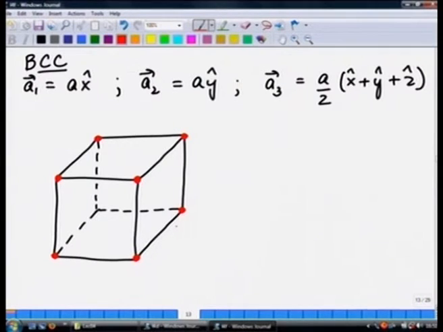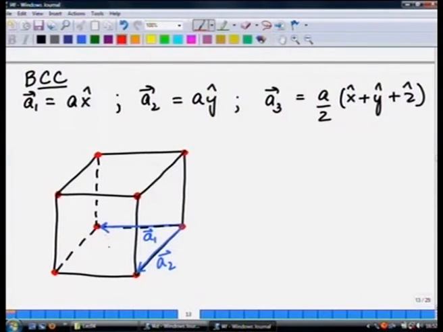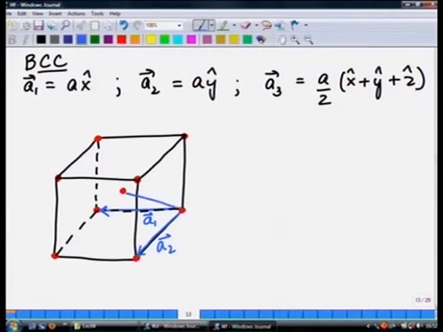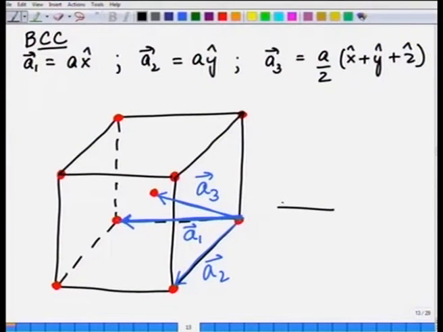Now, if you choose your lattice vectors as follows, you choose this as A1, you choose this as A2, and you choose the atom in the center as A3. So, I am going to draw an axis also. This is the y axis, this is the x direction, and this is the z direction.